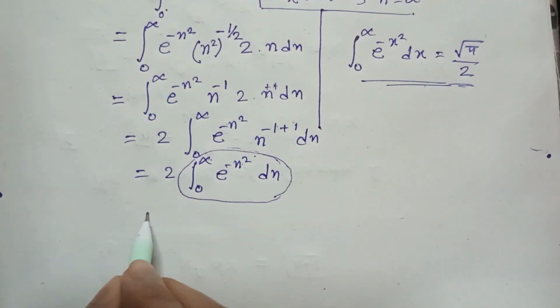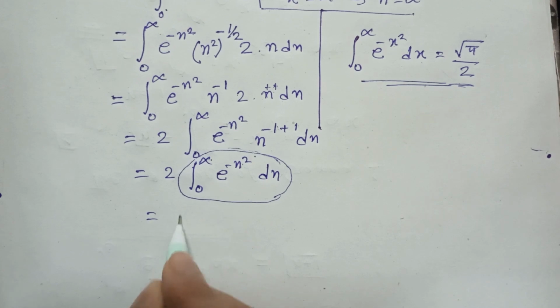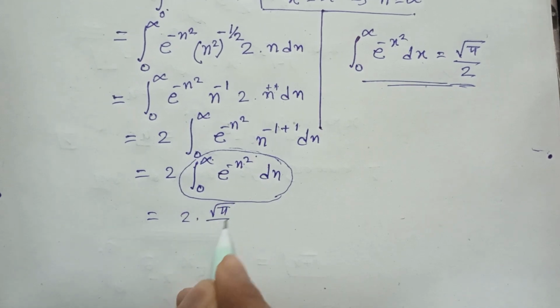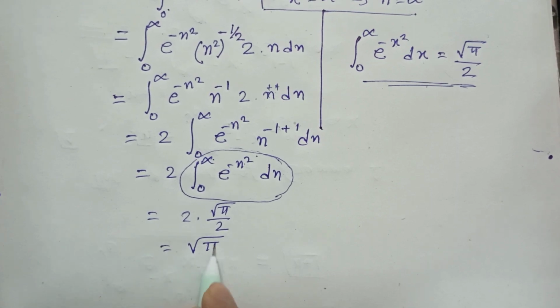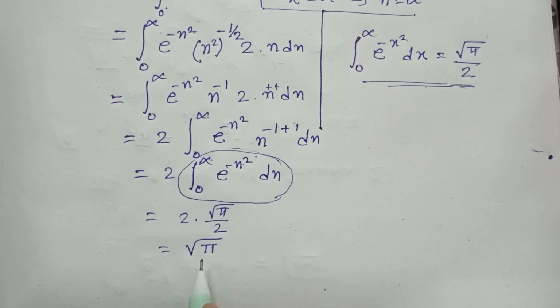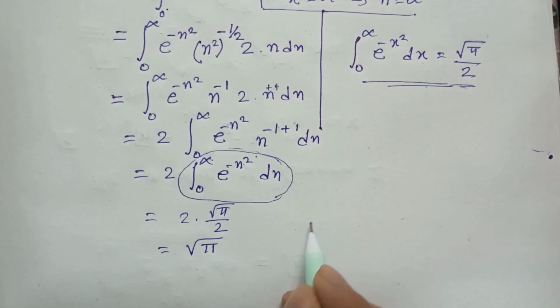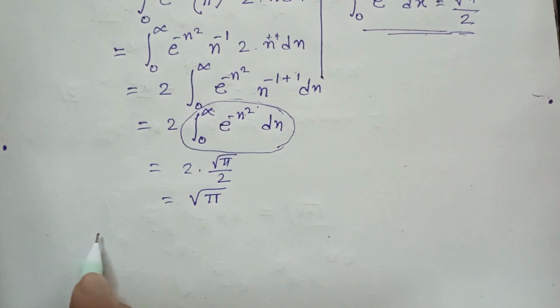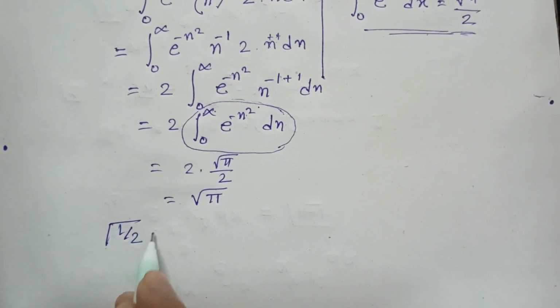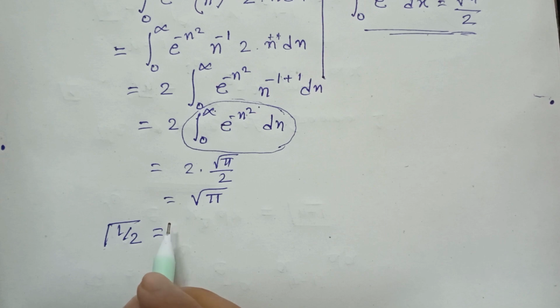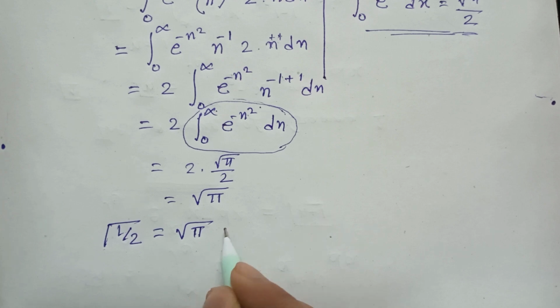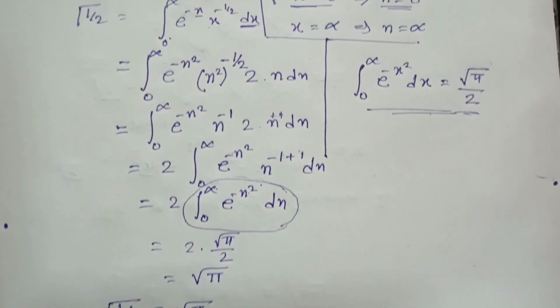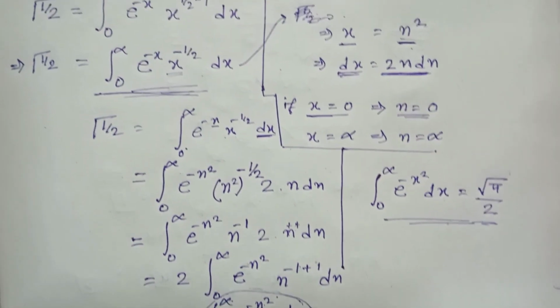So we replace it: 2 into root over pi by 2, and this becomes root over pi. So finally we get the value of gamma 1 by 2 equals root over pi. That's it for the proof, and I think I have done it correctly.